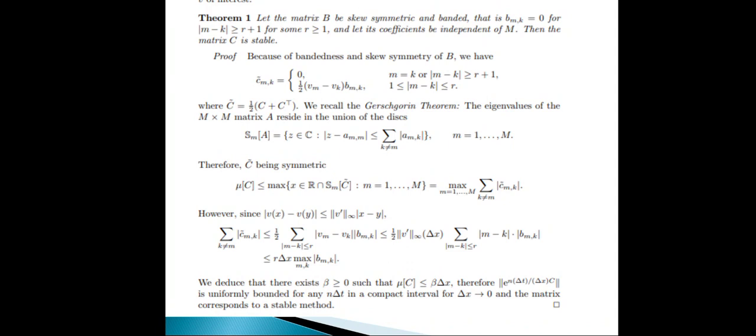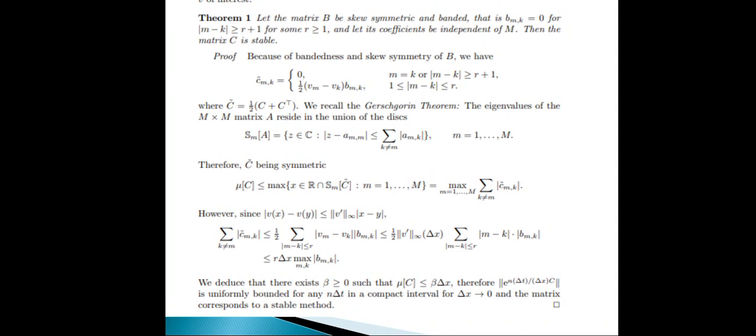Therefore, C̄ being symmetric, μ(C) ≤ max{x ∈ R ∩ S_m(C̄), m = 1 up to capital M} = max over m = 1 up to M of Σ_{k≠m} |C̄_{m,k}|.